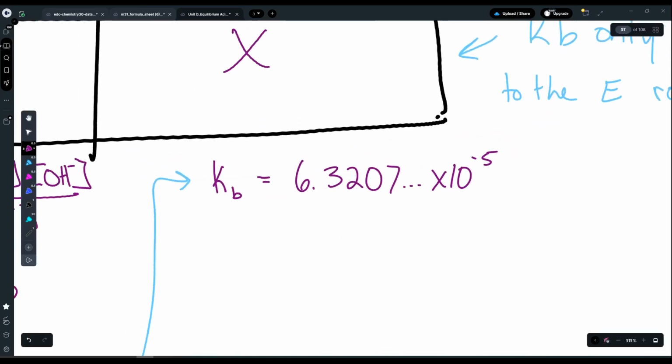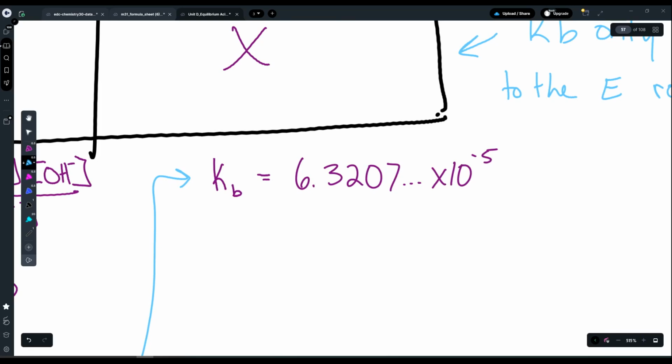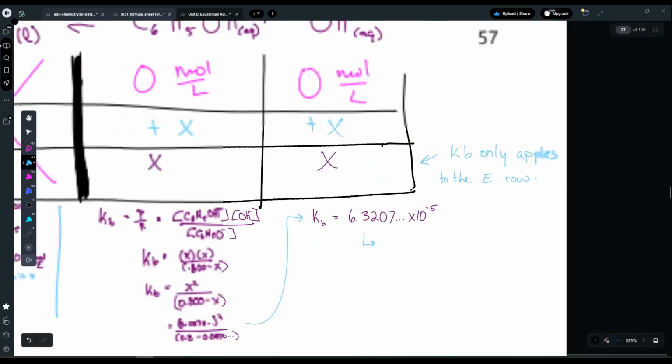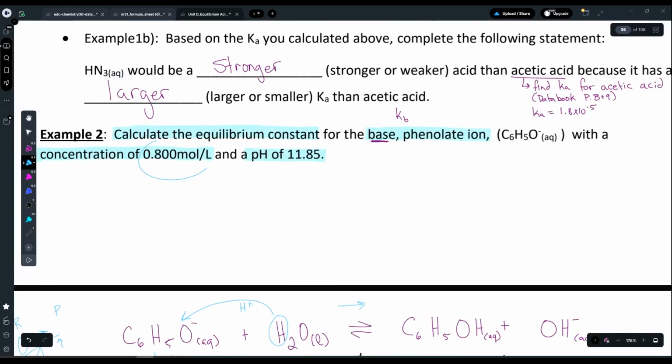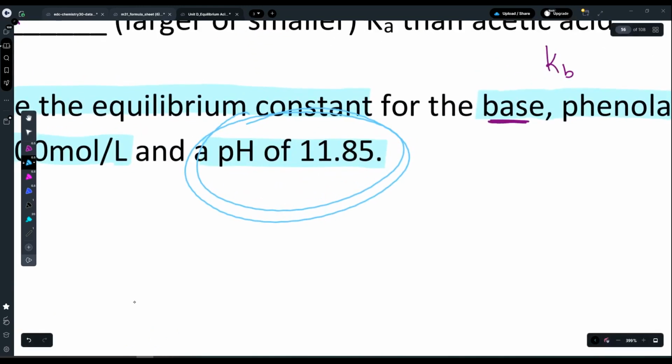So remember, equilibrium constants do not have units, and we need to figure out how many sigdigs. This number right here has 3 sigdigs because it's a concentration, so you look at the entire number. But this number right here only has 2 sigdigs because it has the letter P in it, because it's talking about pH, so you only look after the point for sigdigs. So this has 2 sigdigs.